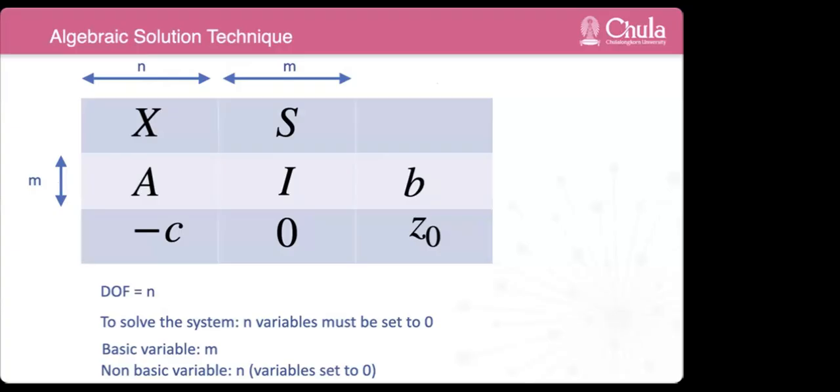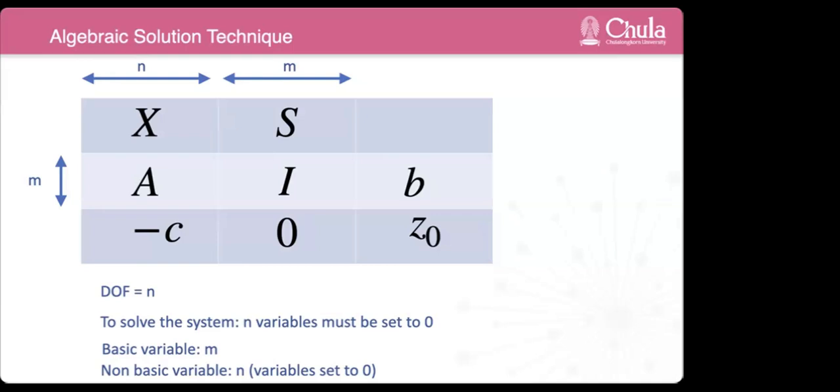What does it mean? It means if you want to solve this system, you have to define at least m variables. So we select m variables as basic variables.